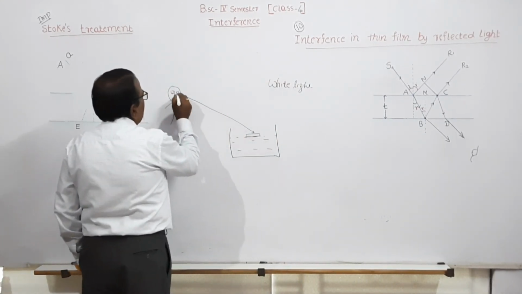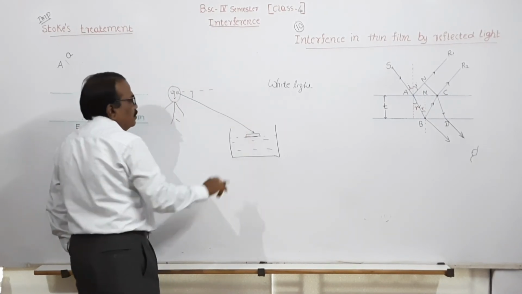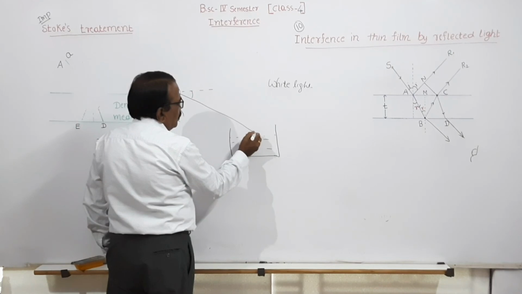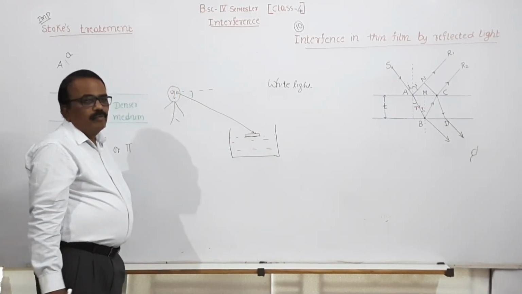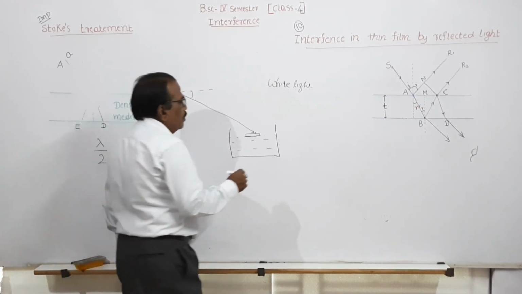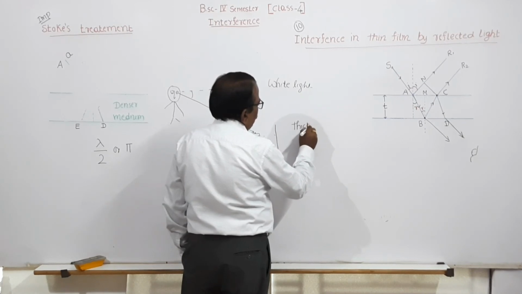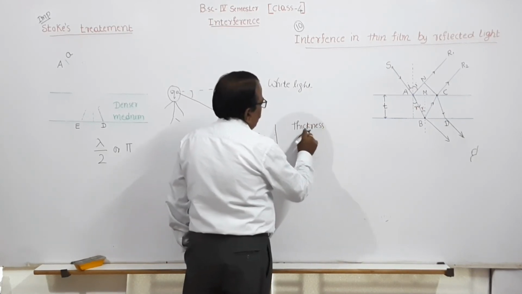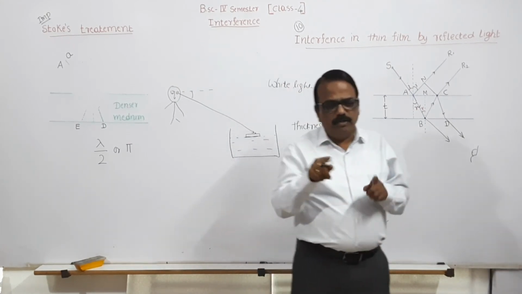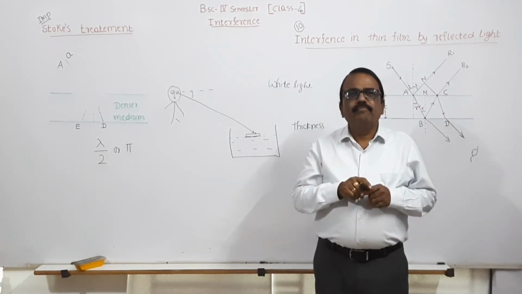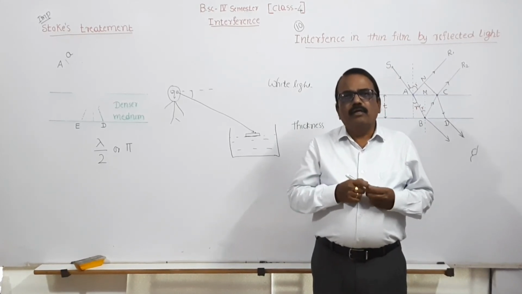Then the particular color depends on the position of the eye, in other words, inclination, and the particular point which is observed. And also, it depends on the thickness of the film. So colorization depends on the position of the eye and the point at which we are observing, and the thickness.